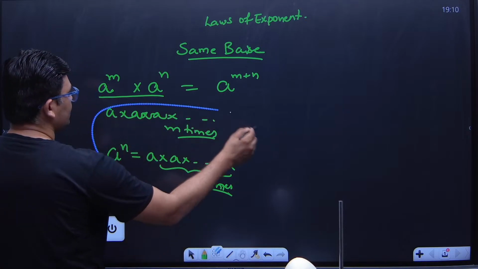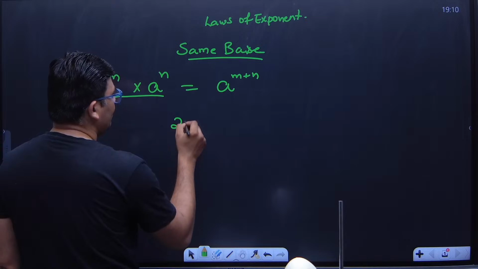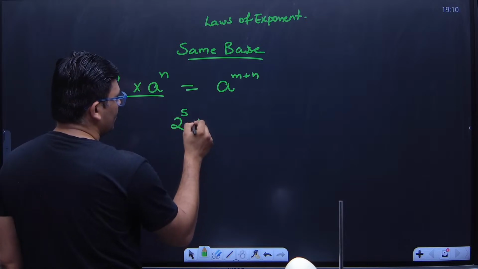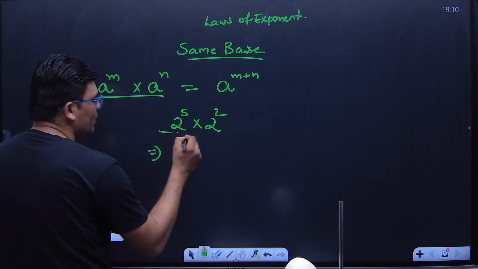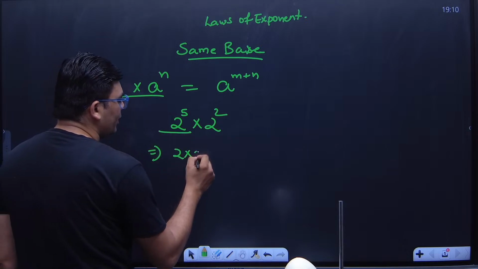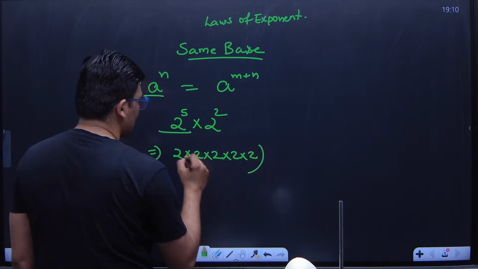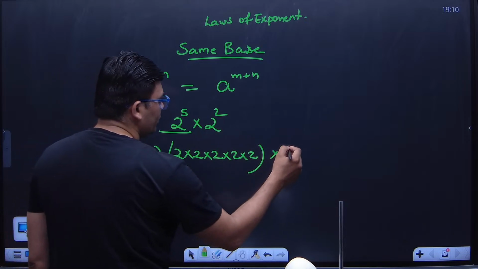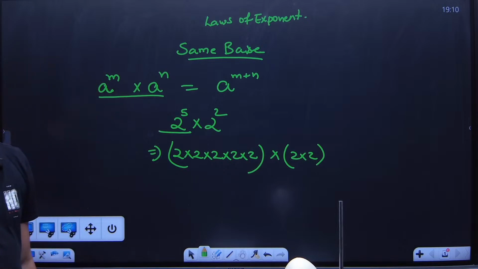Now let us take one example to prove this. If I write 2 to the power 5 multiplied by 2 to the power 2, what does 2 to the power 5 mean? 2 is multiplied 5 times. What does 2 to the power 2 mean? 2 is multiplied 2 times.